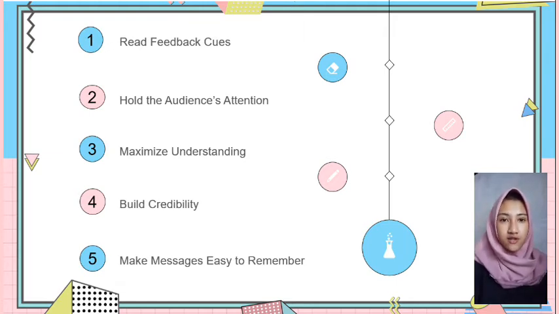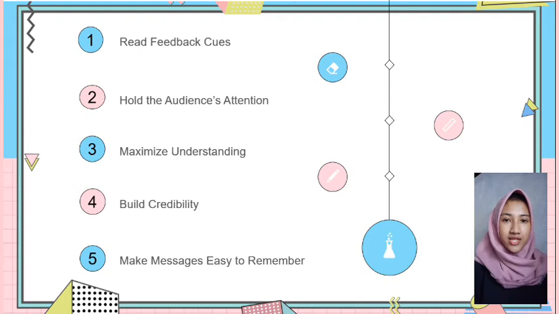To hold the attention of the audience, a public speaker should consider 3 important aspects of the process of perception. One is readiness to perceive. Two, selection of certain stimuli for focus of attention. And three is state of current awareness.